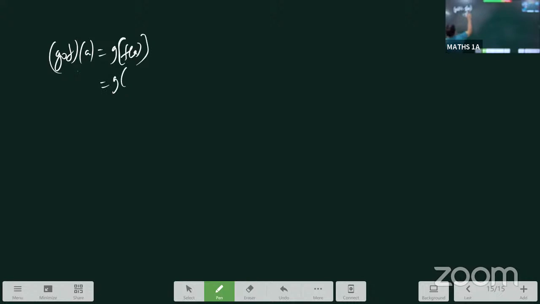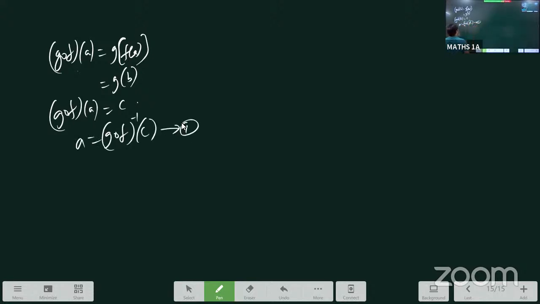What is F of a? b. What is G of b? c. So G circle F of a is c. Since it is a bijection, a equals G circle F whole inverse of c. This I will put as 1.